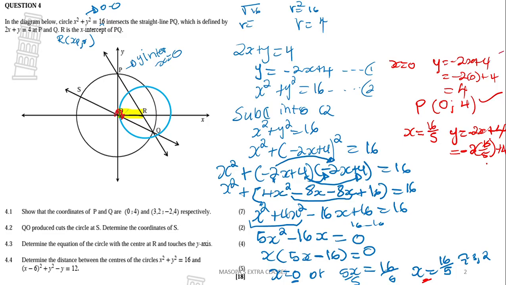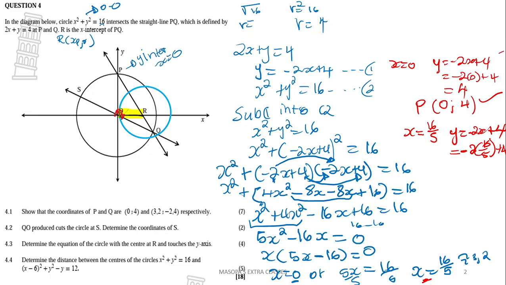Then negative 2 times 16 over 5 gives negative 32 over 5.